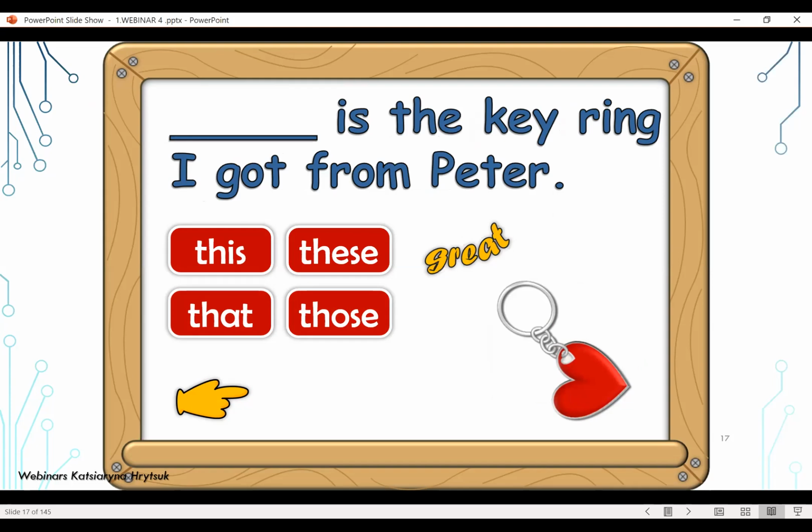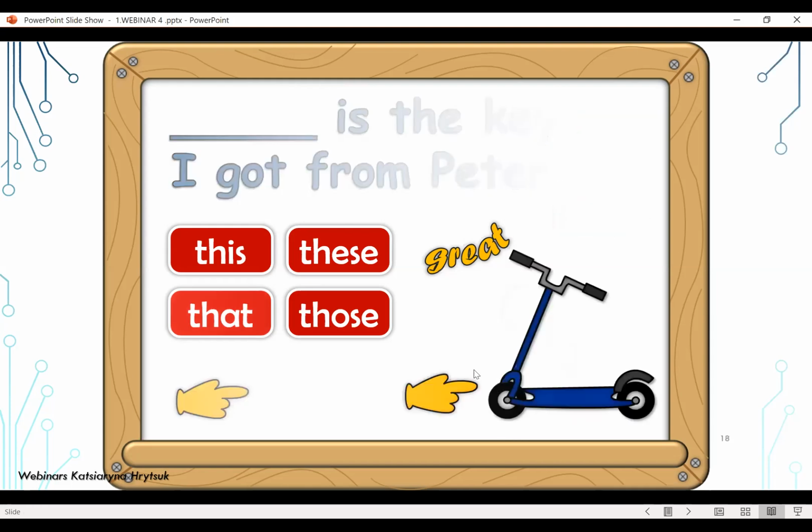That is the key ring I got from Peter. Okay, so we say that is the key ring. We say key ring. It's like a ring, but it's together with the key where you place together. So key ring I got from Peter, not key. Emilia?